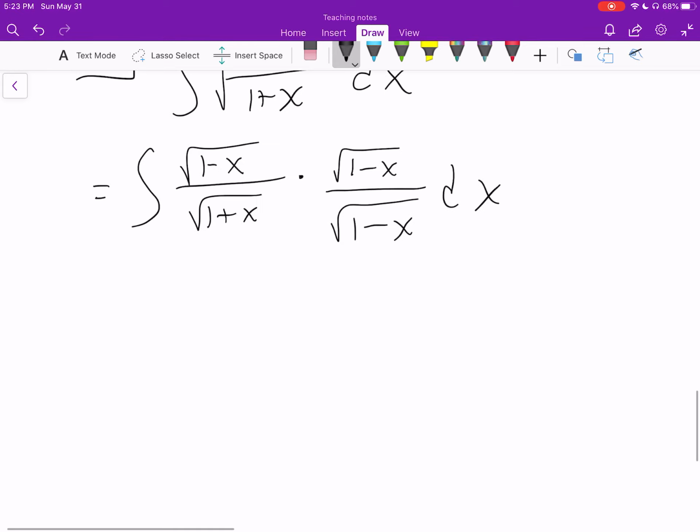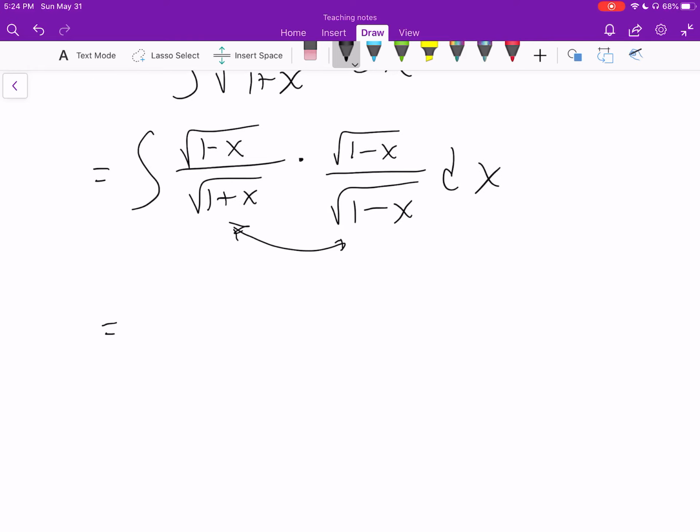And so the reason that's going to be helpful is I'm going to get something like 1 minus x squared or something like that in the bottom. And then it starts to look like a trig substitution problem. So when I simplify this, let me get rid of that arrow.